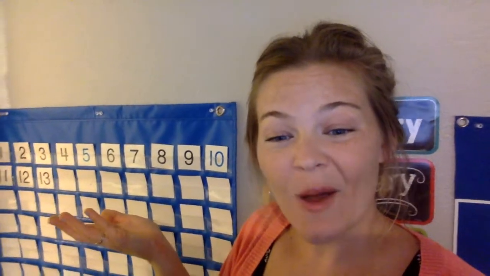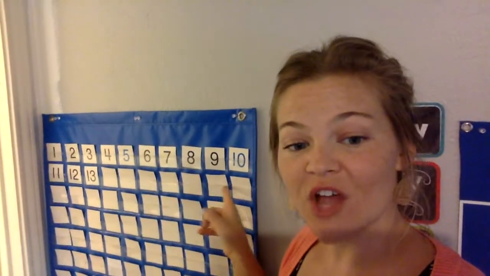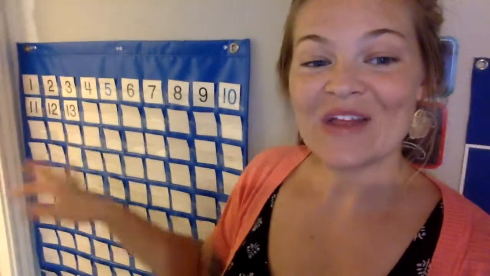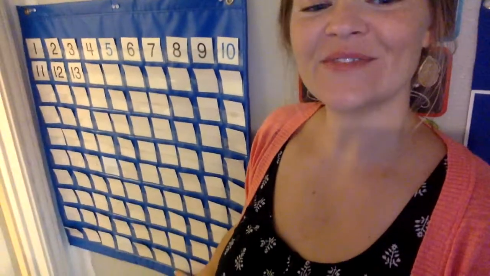Let's count and see how many more days we have until we fill our second row. 1, 2, 3, 4, 5, 6, 7. So 7 more days until we fill our second row. That's exciting. And then once we fill all these rows and we get down to 100, we have our 100th day of school party, which is a really fun day.